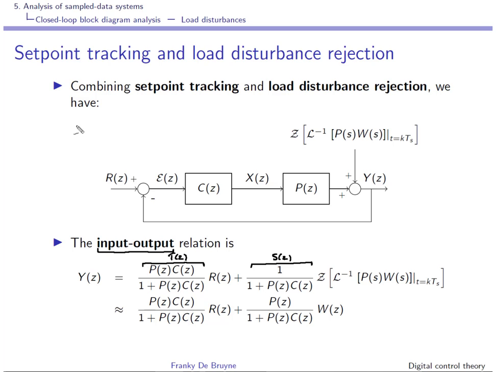you write the output. So Y(z) is equal to P(z) C(z). Okay, and then what is entering is epsilon(z), but epsilon(z) is R(z) minus Y(z), right?